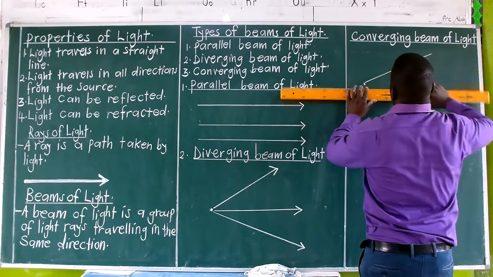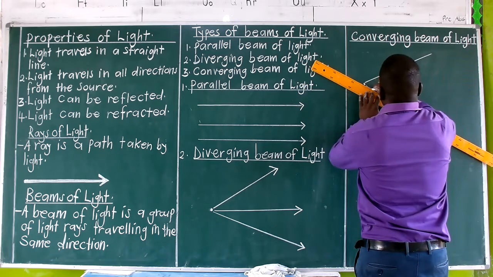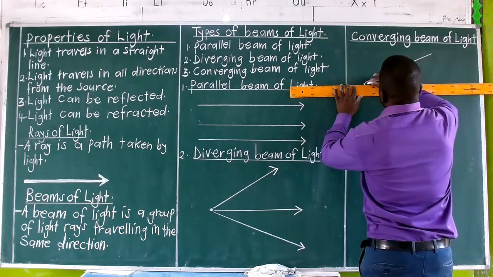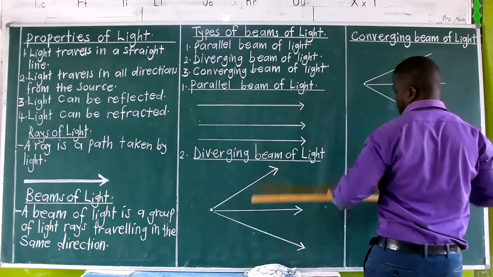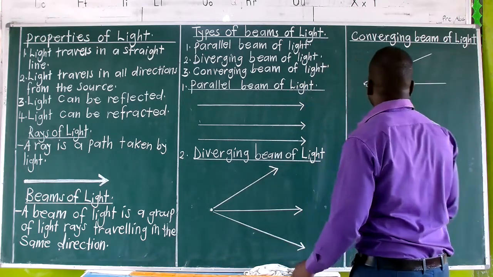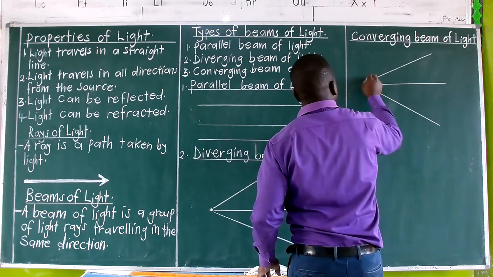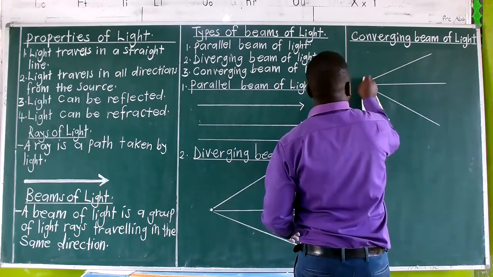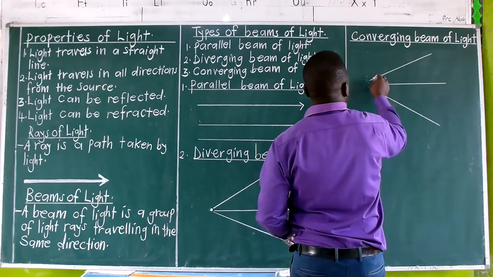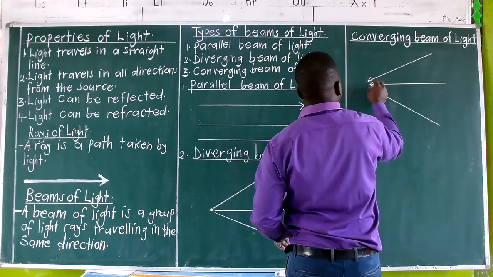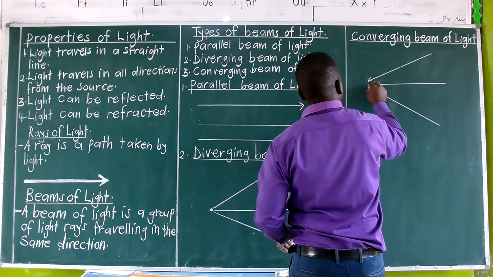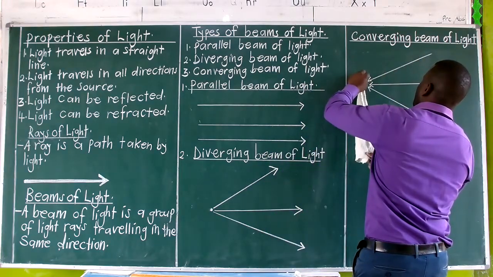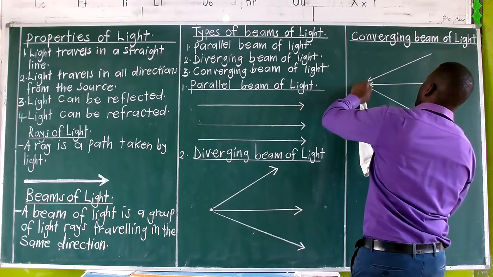Light rays moving from different directions, coming to one particular point, called converging beam. So this is a converging beam of light.